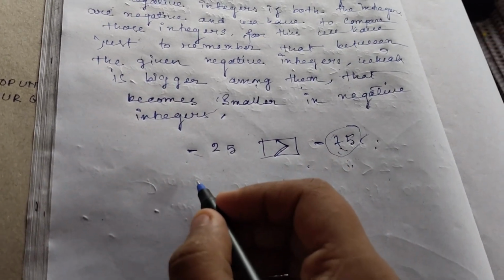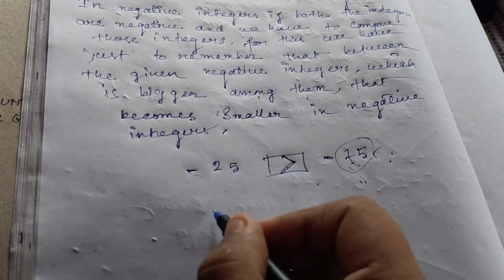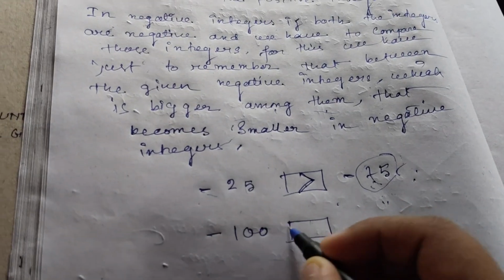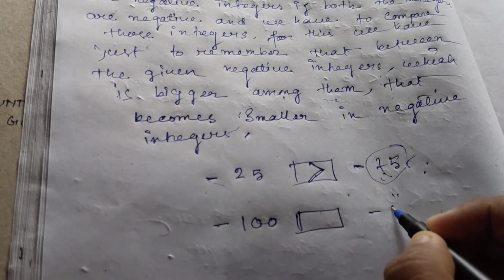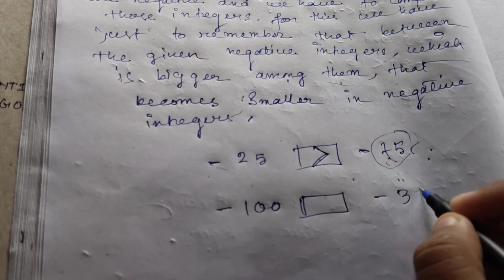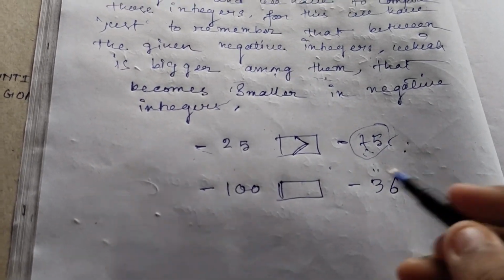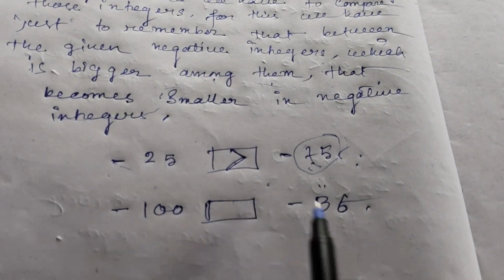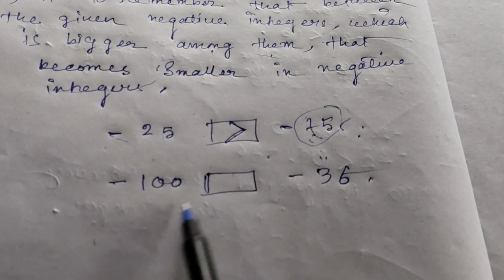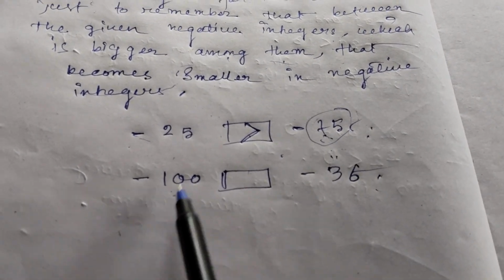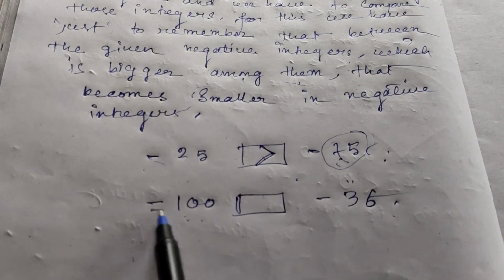Let me take another example: minus 100 and minus 36. Which is bigger? You just have to find which is bigger from basics, 100 or 36. 100 is bigger, but there is a negative sign, right?